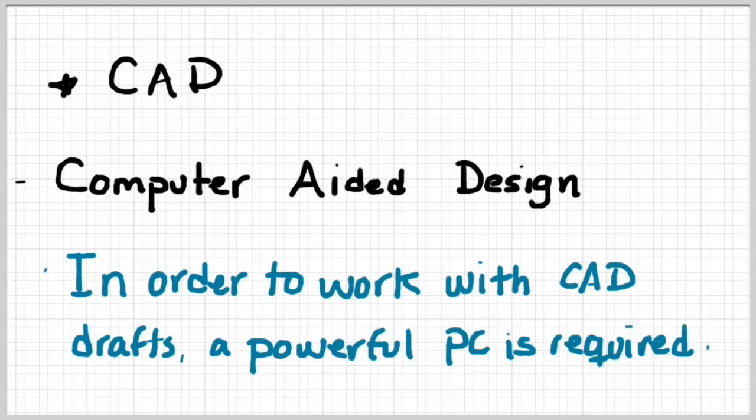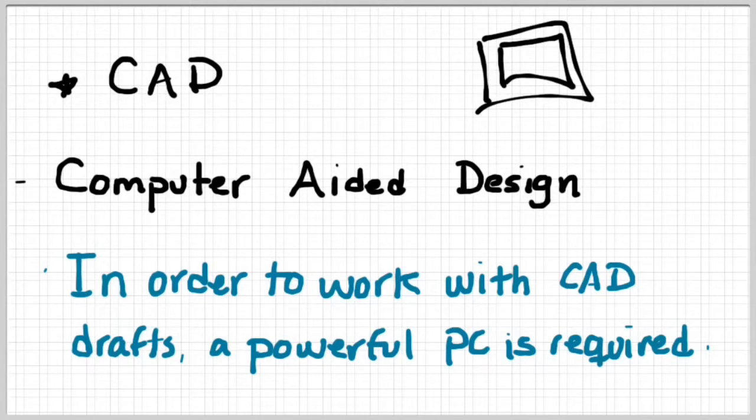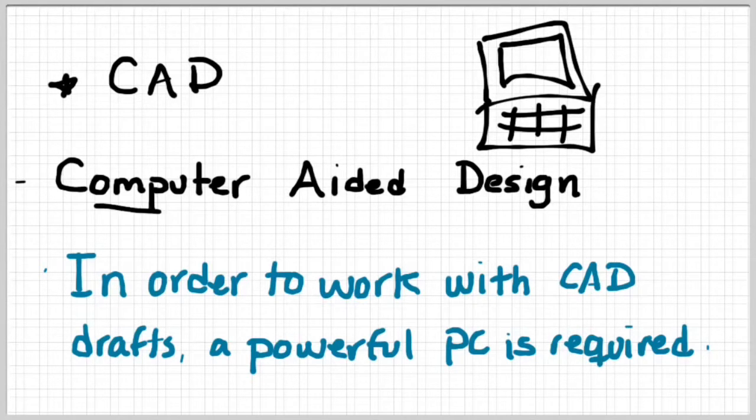The next word is CAD, which stands for Computer Aided Design. So if I want to create a design of something, in this case we were talking about vessels, the first thing I might want to do is create a model on my computer. Whenever I do such a thing, we're talking about Computer Aided Design or CAD.